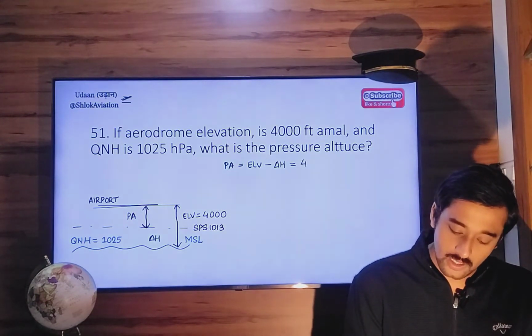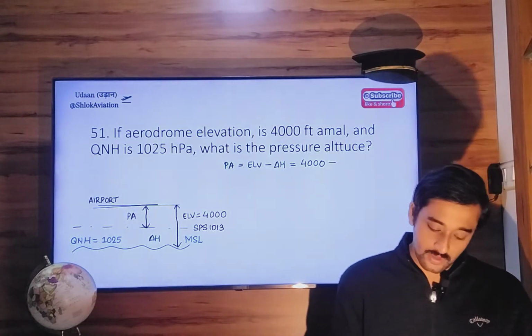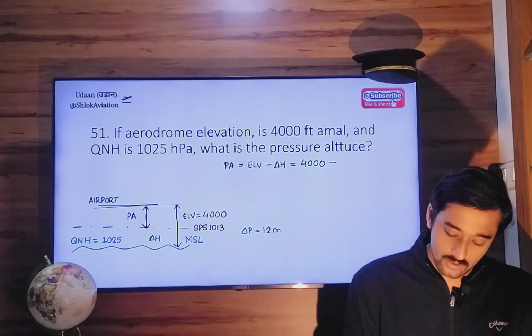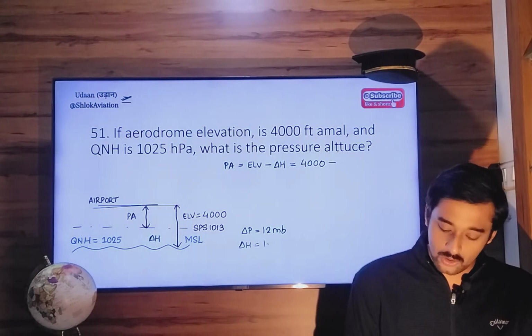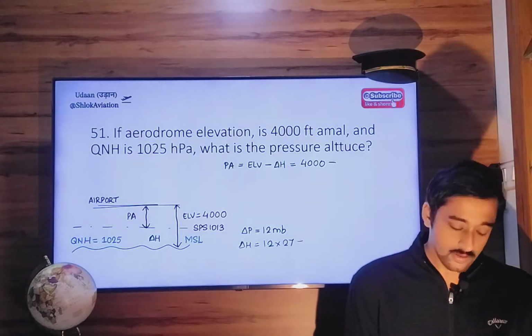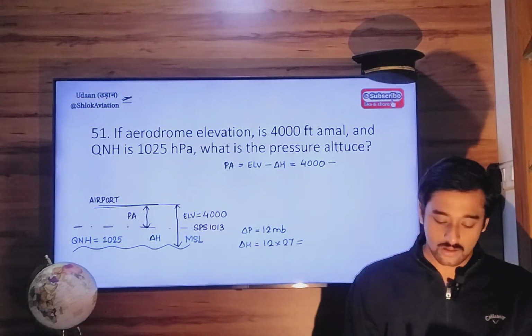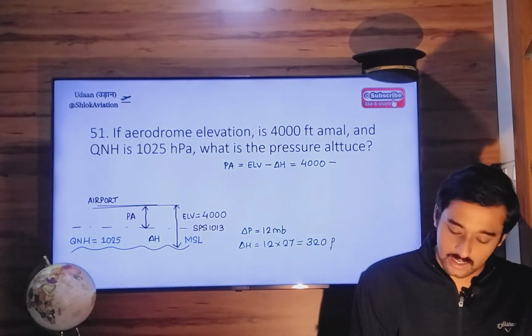Elevation is 4000. Height difference between these two pressure levels is what? The pressure difference is 12 millibars. So height difference will be equal to 12 into 27, that is 324 or approximately 320 feet, right?